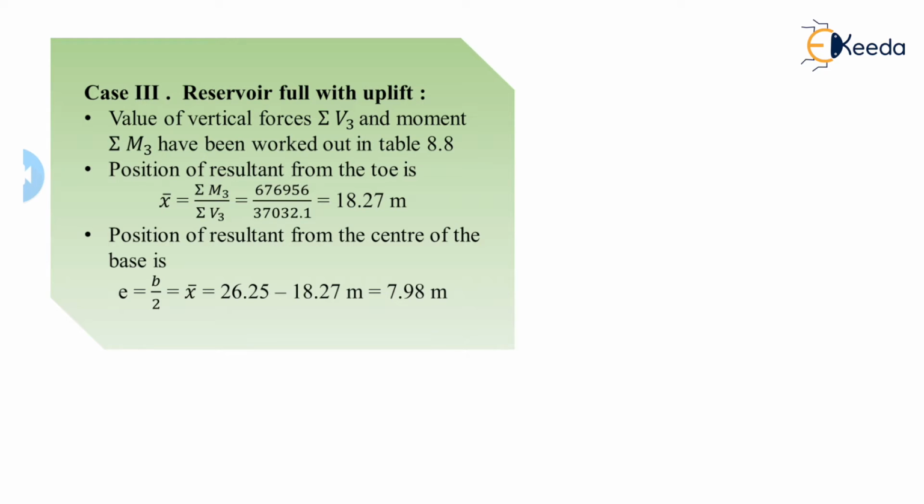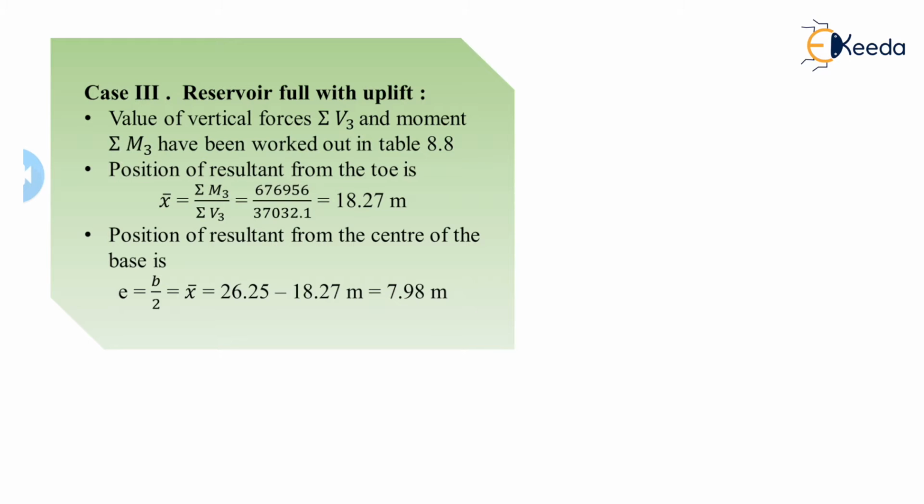V1 is for the self weight, V2 is for the water pressure when it acts in a vertical direction, and the third vertical force is the uplift force. So when we want to find the x bar, that is the position of the resultant from the toe, we have to take all three of these vertical forces.